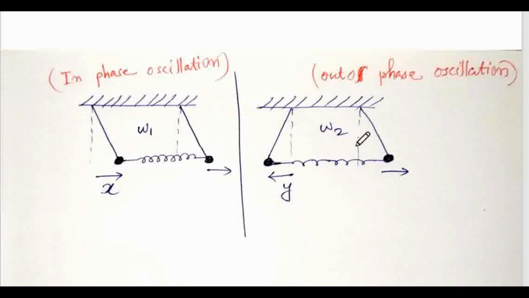In phase means both pendulums are moving in the same direction, whereas in out of phase oscillation, both pendulums are moving in opposite directions. So the second condition, out of phase, means a phase difference of pi, and the first, in phase oscillation, has a phase difference of 0. The first pendulum displacement is denoted as x, and the second pendulum displacement is denoted as y.